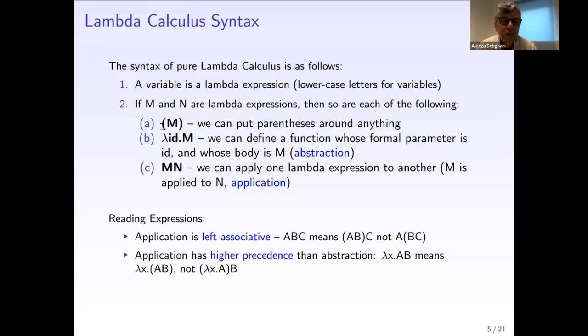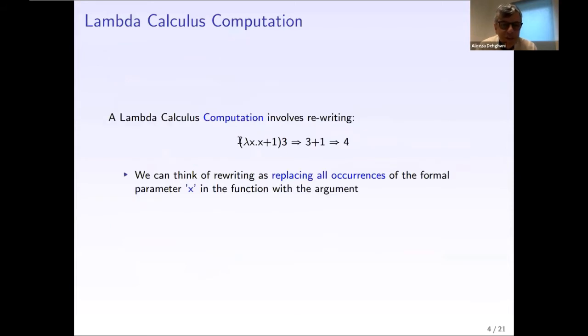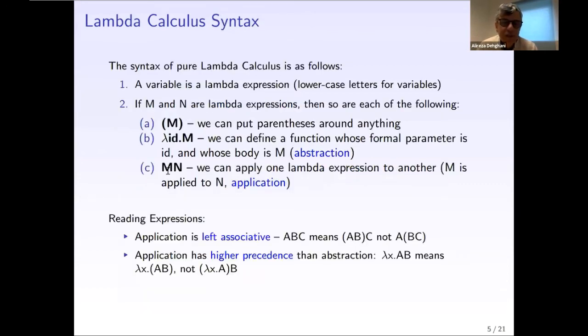So M could be something like a parenthesis of lambda blah blah blah like this, and then instead of the argument, it could be another lambda expression. It works very similar to what we did in here. That would be the argument. That means you apply this argument to this and you calculate everything. So we can apply one lambda expression to another. M is applied to N: application.